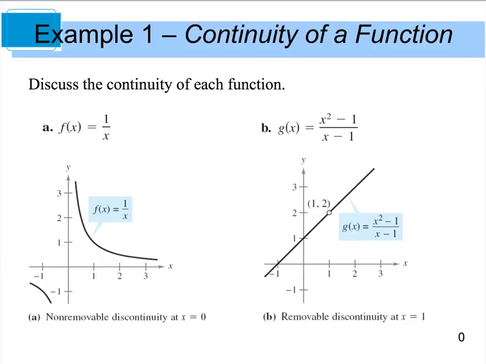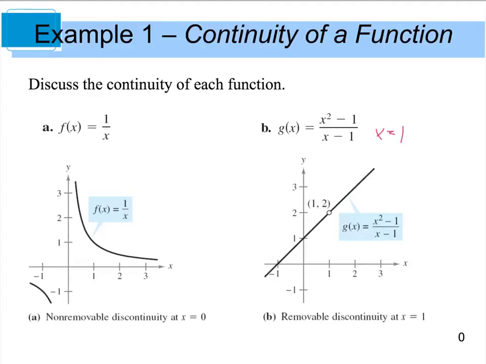If I look at part B, I have g of x equals x squared minus 1 divided by x minus 1. When we graph this, or even before we graph it, just based on our denominator here, I know that I'm going to have a function that will be discontinuous when x is equal to 1, because that's going to make this whole function undefined.